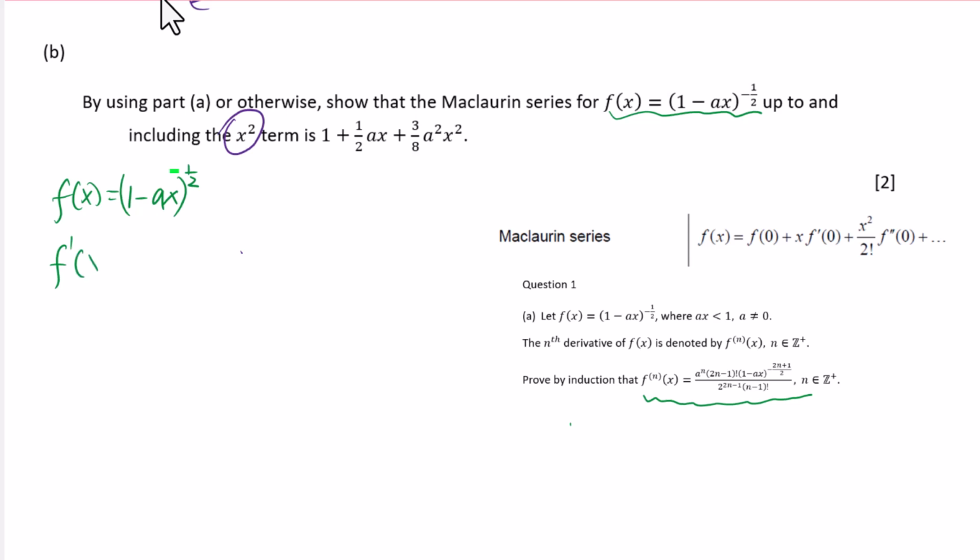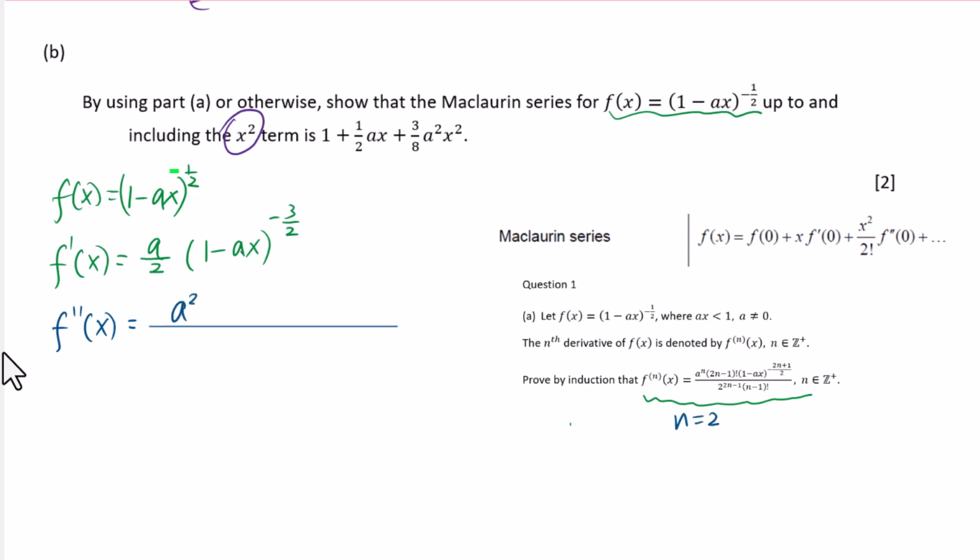So f prime of x, we already got a over 2 times 1 minus ax to the power of negative 3 over 2. F double prime of x equals, we will make n equals 2, a squared times 2 times 2 minus 1 is 3 factorial times 1 minus ax to the power of negative 5 over 2.